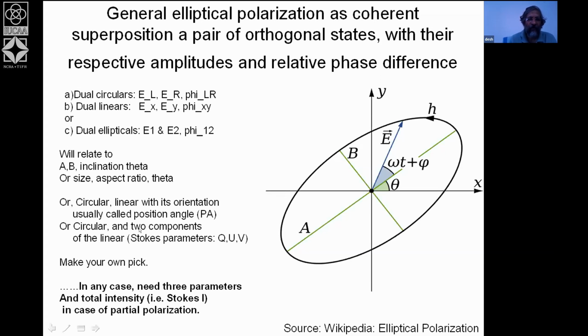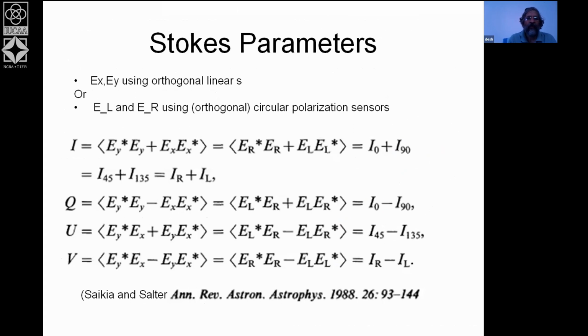And then of course, we also need to know, if this is only partially polarized, how much is the total intensity, or what this is a fraction of. So this brings us to the formal set of parameters radio astronomers routinely use, known as Stokes parameters. And here what we define is the total intensity.